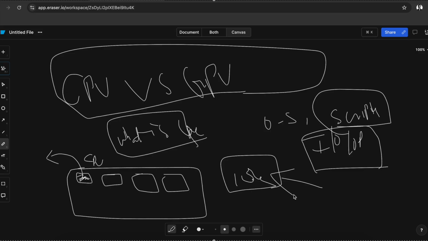If your CPU has four cores, this is core 1, core 2, core 3, core 4, so it can work on four streams of instructions in parallel. Modern CPUs can have 8, 16 or more cores.